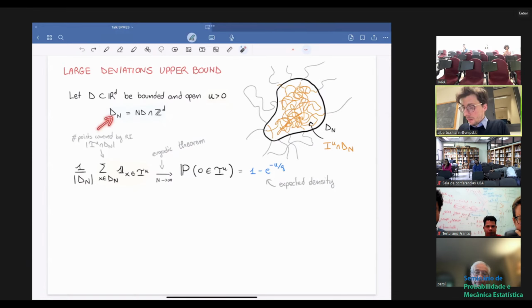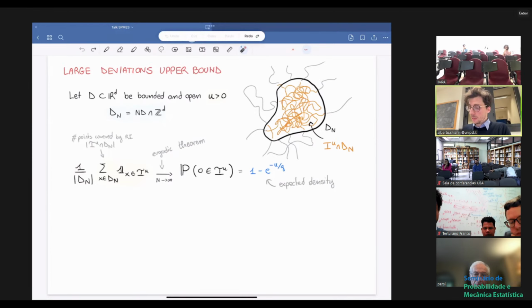And D_N is the blow up. And then if I look at the number of points covered by random interlacements inside this set D_N, it is just this quantity here. It's a nice sum. And remember that the interlacement set measure is ergodic and stationary. So this is one of the nicest things about it.